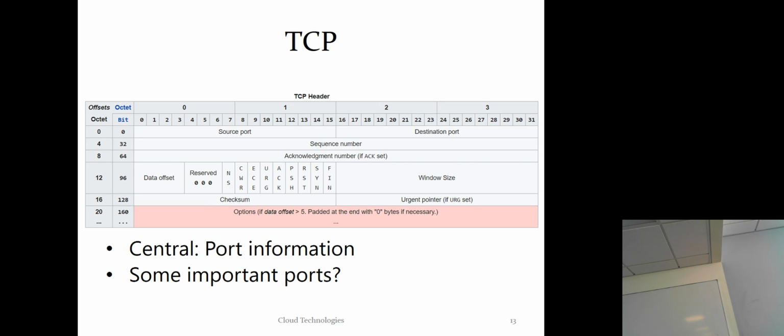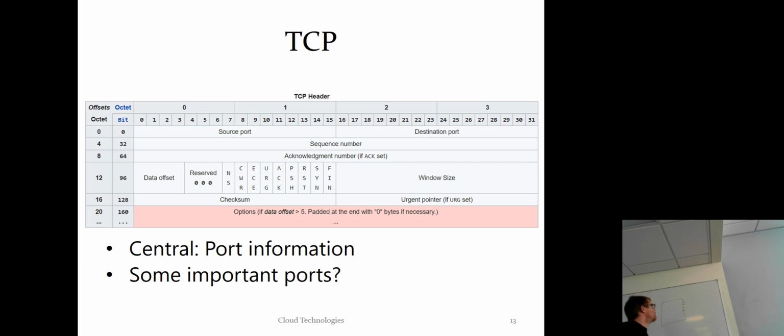Well, on your computer there are normally multiple programs running, and when you're sending data to some server, that server might be running multiple programs, so it doesn't necessarily know which program is supposed to get that data. Therefore, when you send a packet, you specify the port you want to send it to. Normally, if you use HTTP, you will use port 80.